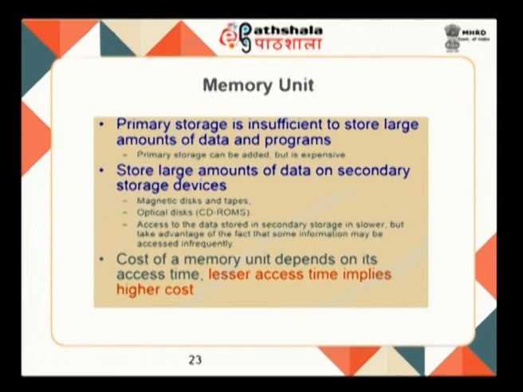Access to the data stored in secondary storage is definitely slower, but you take advantage of the fact that some information may be accessed infrequently. The cost of the memory unit obviously depends upon its access times. The closer the memory is to the processor, the faster and the more expensive it is going to be.